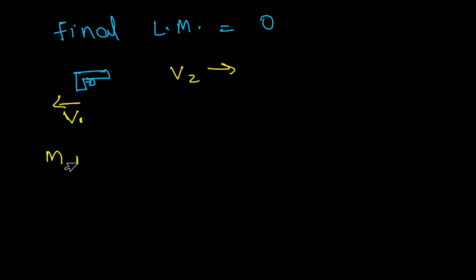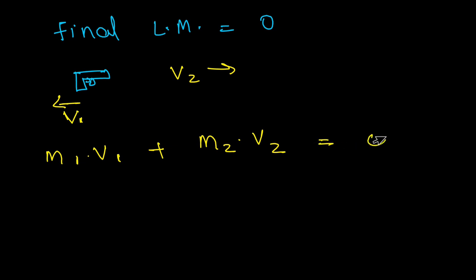So final linear momentum is 0. After firing the gun, bullet moves with velocity v2 and recoil velocity of gun is v1. Then m1, mass of gun, into v1, velocity of gun, plus m2, mass of bullet, into velocity of bullet, is the final linear momentum, or linear momentum after firing the gun.